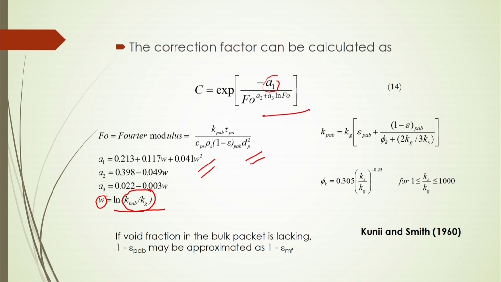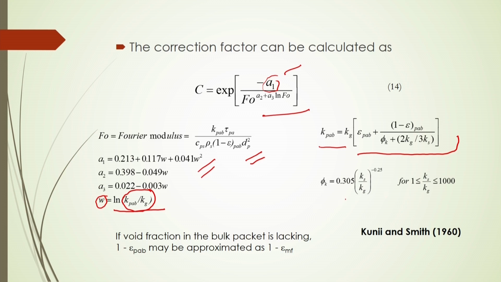So, here this W and other factors like particle concentration, particle size are also very important to find out this A1, A2 and A3. And this K_PAB is called the thermal conductivity of the packet particles, which will be relative to the thermal conductivity of the gas, which can be denoted by this equation.